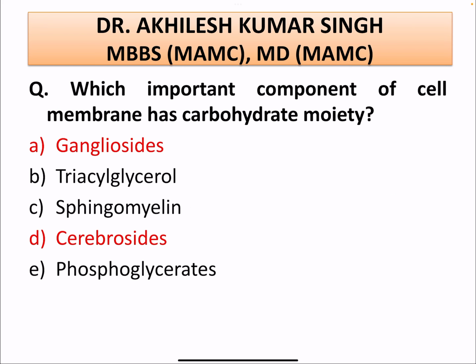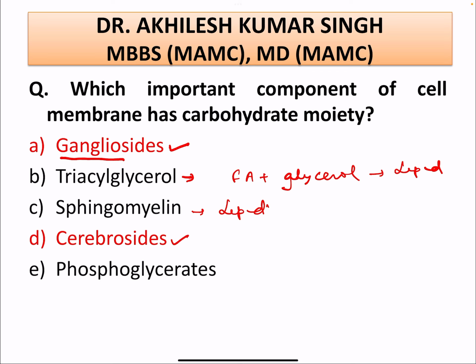So let us look at the options here again. Gangliosides are carbohydrate moieties, they contain carbohydrate. Triacylglycerol is fatty acid plus alcohol, where the alcohol is glycerol, so this is a lipid, right? Sphingomyelin, again, is a lipid. The cerebrosides again contain carbohydrate compounds.